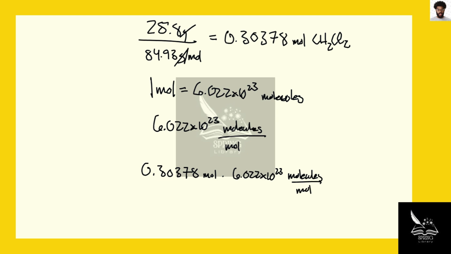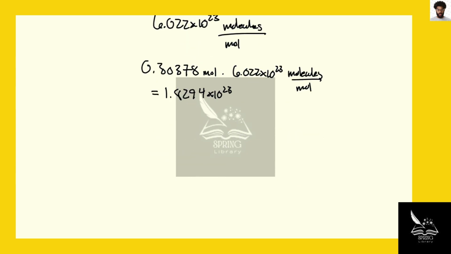And what will we get? 1.8294 times 10 to the 23rd, and we should probably answer this in the correct number of sig figs. We were given 3 sig figs, so we need to round this to 3 sig figs after doing nothing but multiplication, and we'll get 1.83 times 10 to the 23rd.